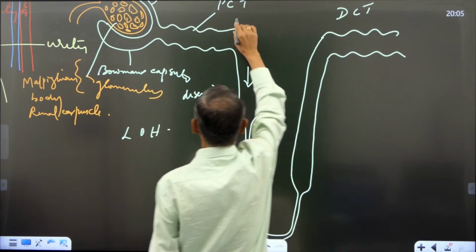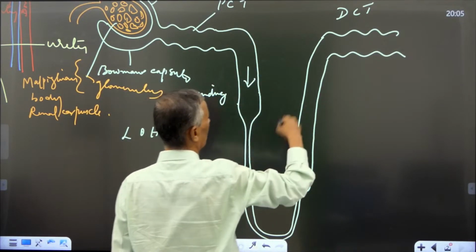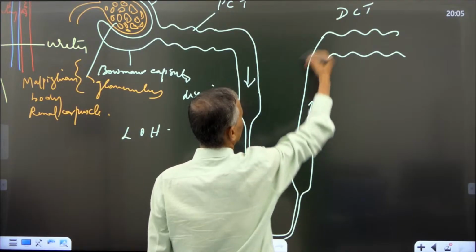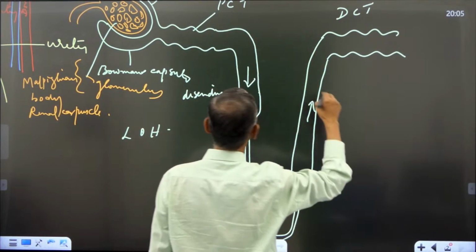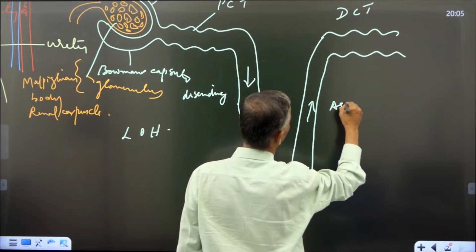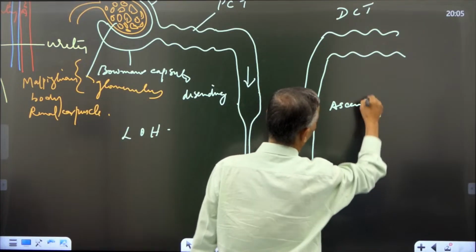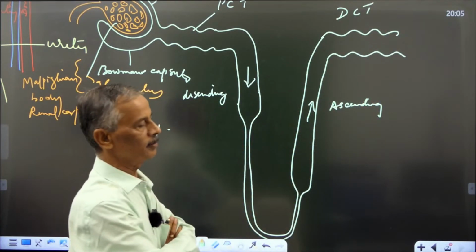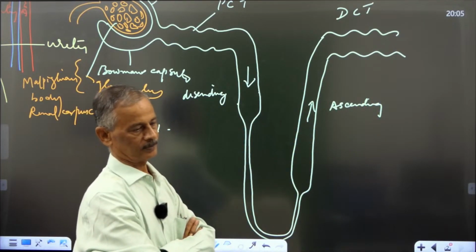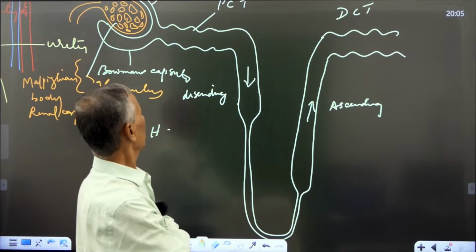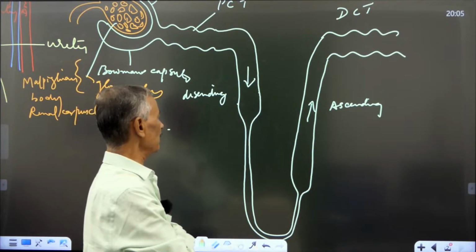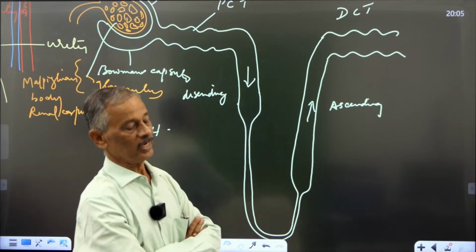The first part that follows the PCT is the descending limb, and the second part which joins the DCT is called the ascending limb, climbing. So you have a descending limb and an ascending limb for Henle's loop.